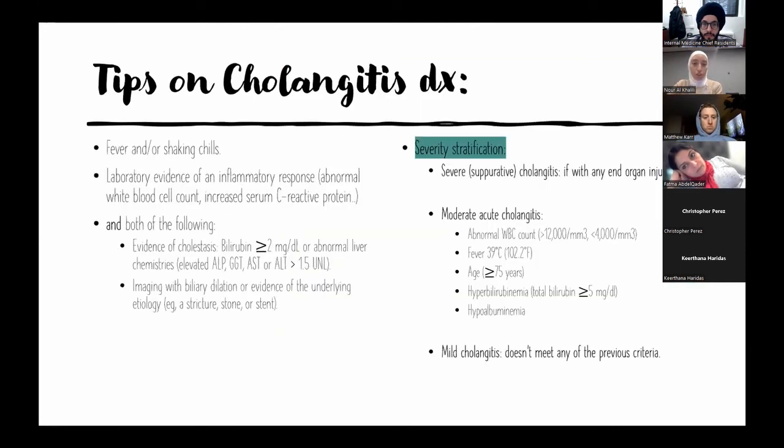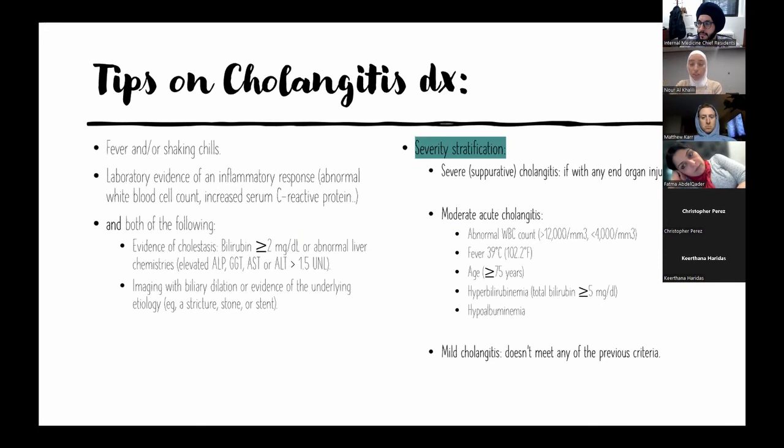And if the stone is stuck in the common bile duct for a while, it might cause cholangitis, which is usually diagnosed with Charcot's triad: fever, abdominal pain, and jaundice. Usually we would have an inflammatory response, white count, C-reactive protein, and we usually divide the severity.